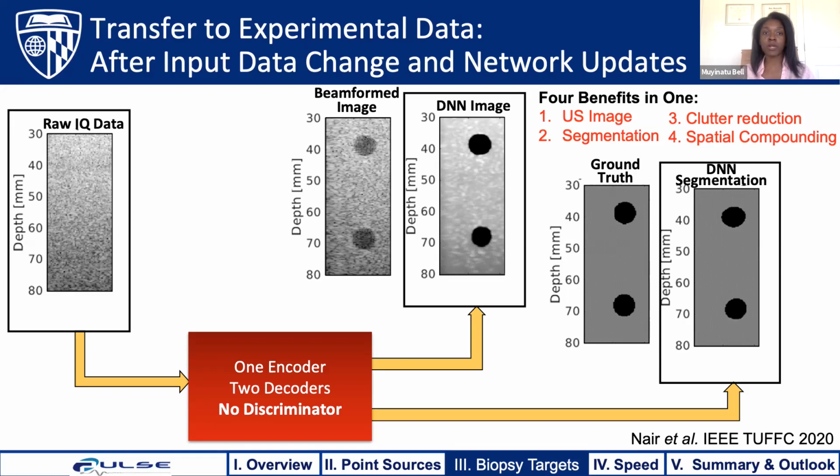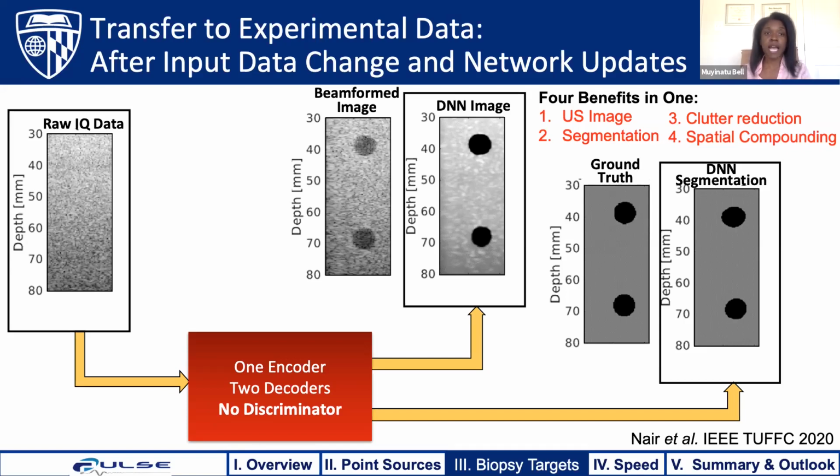And so this was our approach to achieve images that are better than the beamformed image result, which you can see by comparing the DNN image to the beamformed image to the left. And you can appreciate the clutter reduction by noticing how the cysts are filled with acoustic clutter in the beamformed image, and then that clutter is reduced because the cysts appear completely black in the DNN image.